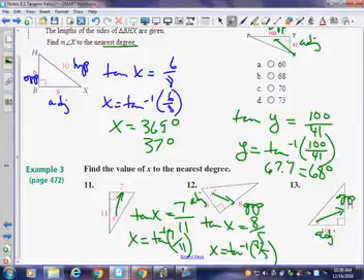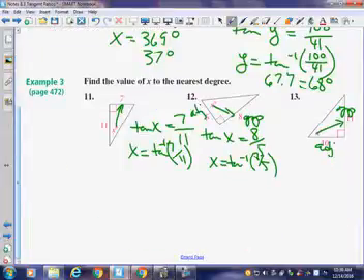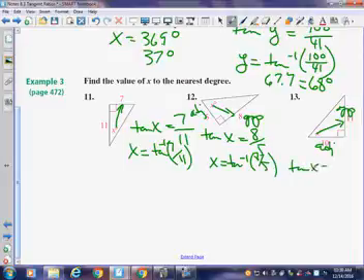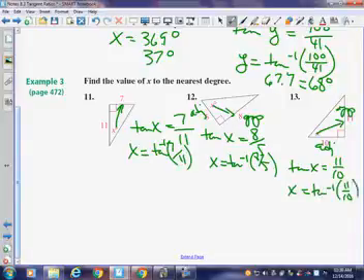So in this question, you're going to look at tangent inverse of 11 over, wait a minute, I didn't write the right thing. Tangent x equals 11 over 10. So x equals tangent inverse of 11 over 10. So you'll type each of these in and round them off to a whole number of degrees and put a degree mark. Without the degree mark, you're going to lose a point.